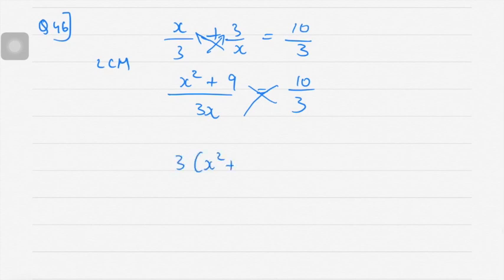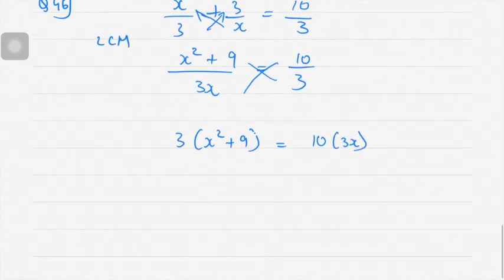Now what will we do? We will do cross multiplication. Okay, cross multiplication. So 3 into x square plus 9 is equal to 10 into 3x.